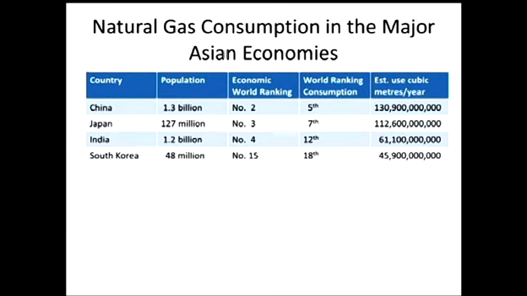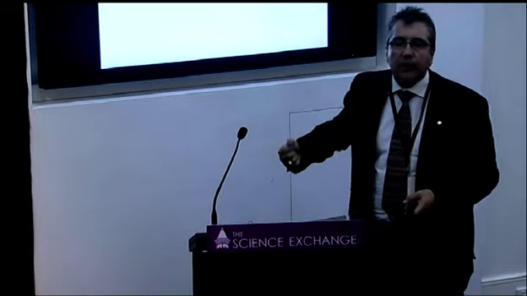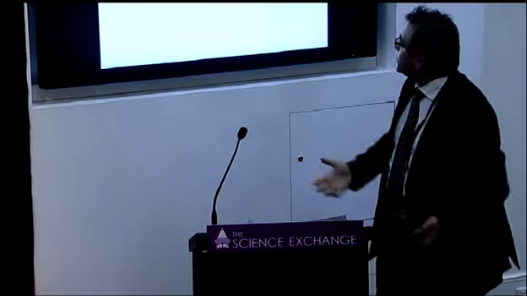Number 2, number 3, number 4, and number 15 major economy in the world, and of course, the amount of the resource that is required to power these economies along. As you can see, with regard to natural gas usage, we're talking in the trillions of cubic meters a year. That has to keep on cranking on every year to give us the kind of growth and security that the world needs for the economies to flourish.